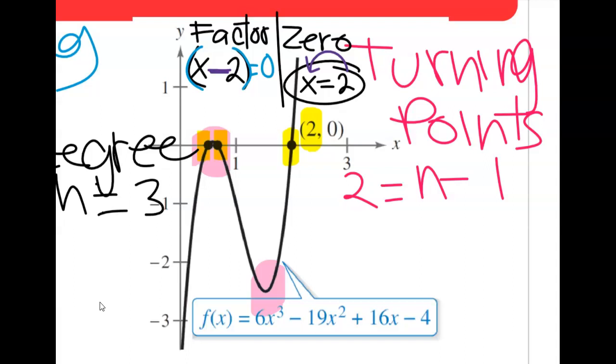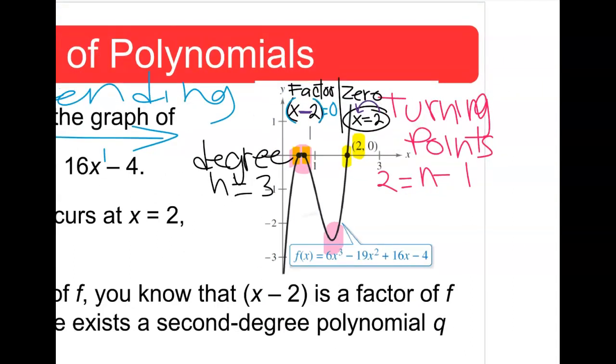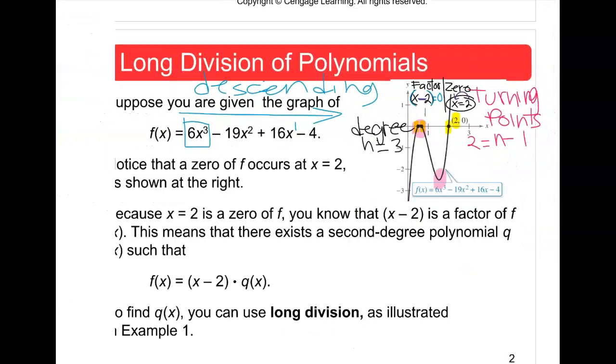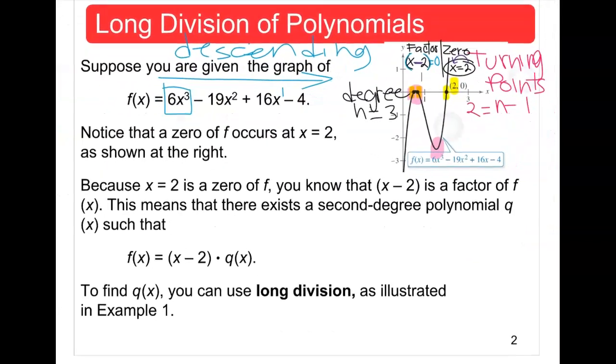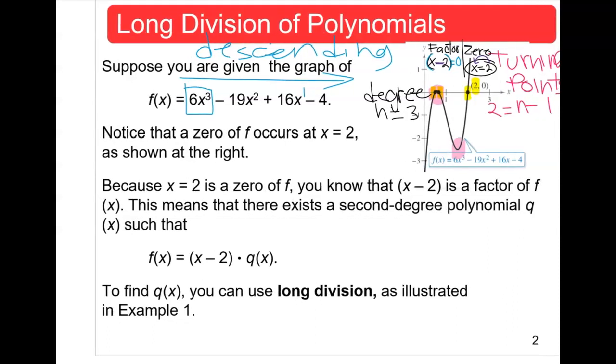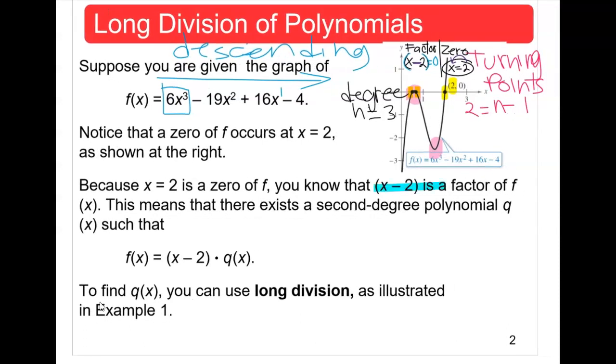So that is useful because if we divide our polynomial of degree 3 by the factor which is of degree 1, and we have it here, x minus 2 is the factor of f, what that means is that there will be another polynomial.